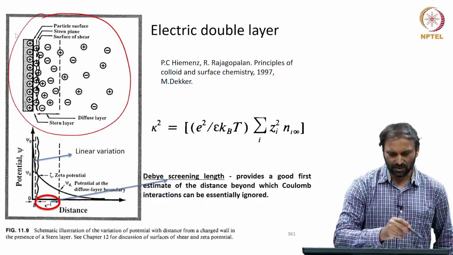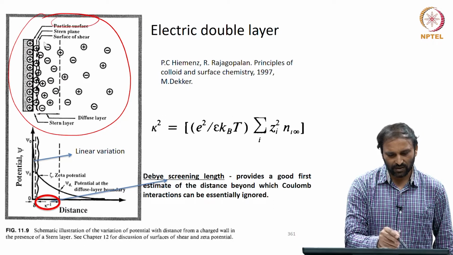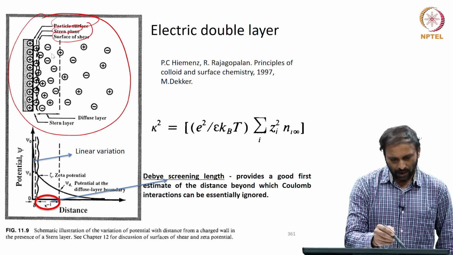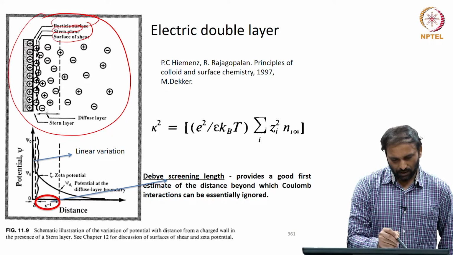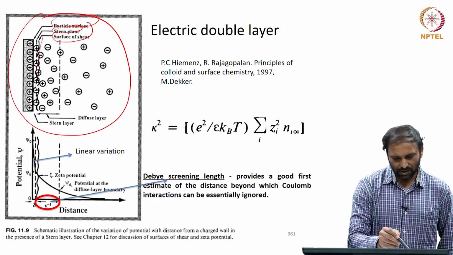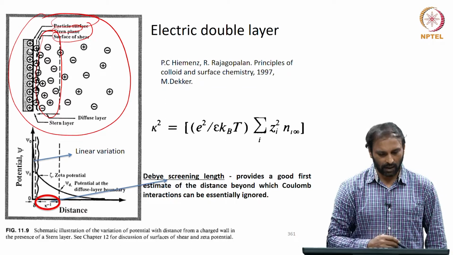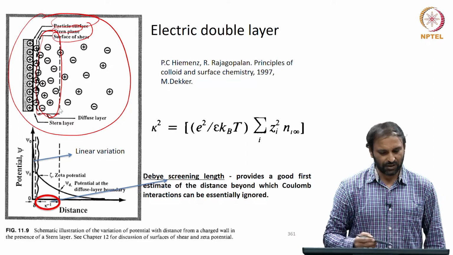Again, a similar picture is depicted here. So, you have a positively charged particle surface and the Stern layer very next to it, and there is a plane of shear, and of course, if you look, there is a certain structure in which the counter ions and the co-ions are arranged in the solution, that is what is called the diffuse double layer.